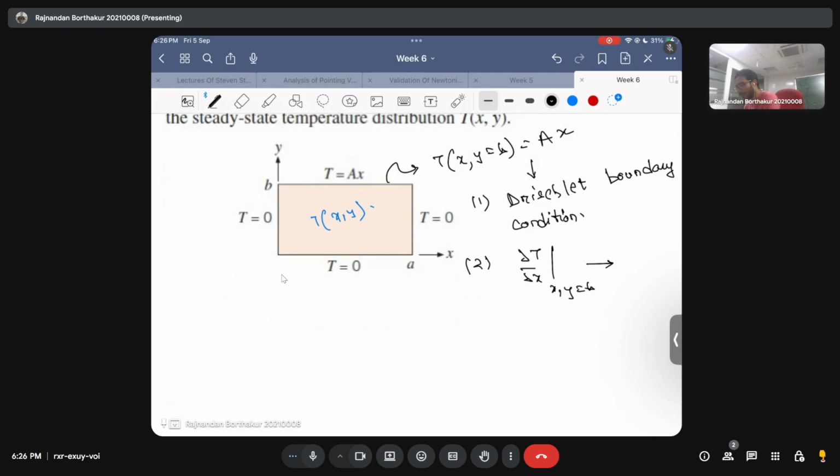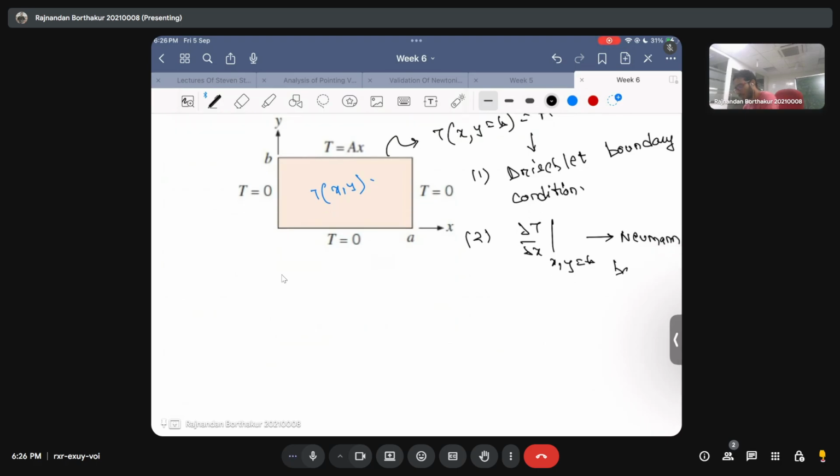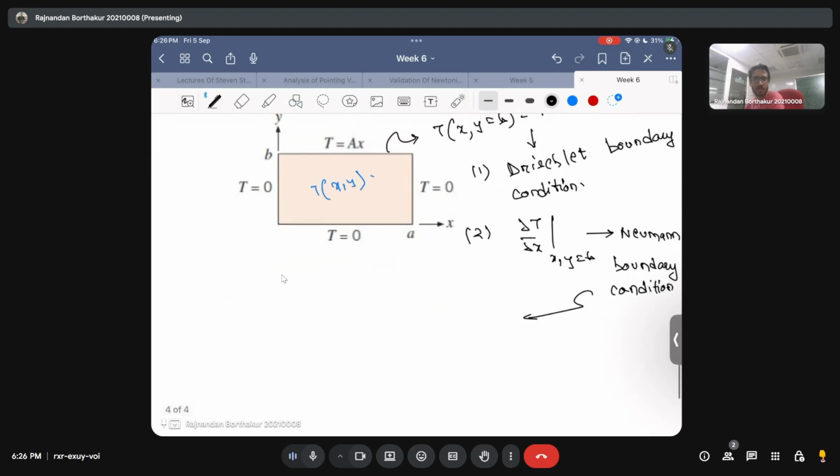Such a boundary condition is known as a Neumann boundary condition, where we are prescribing the derivative of the dependent variable.